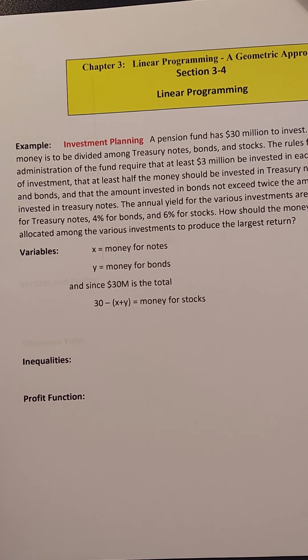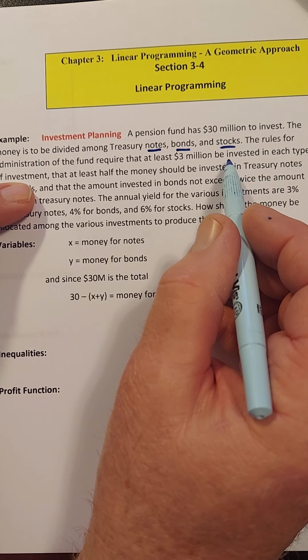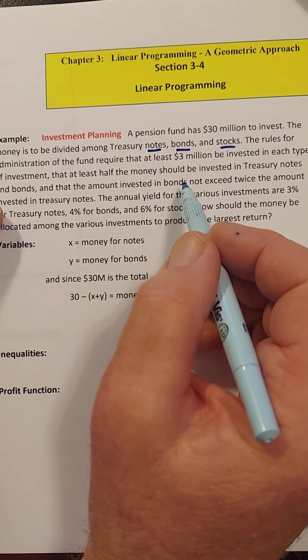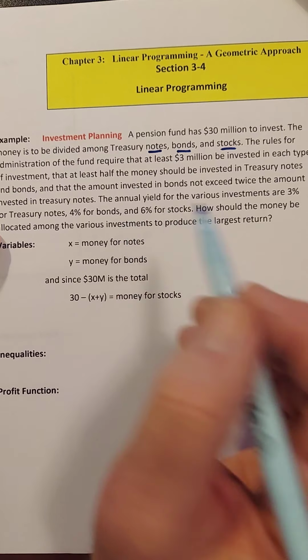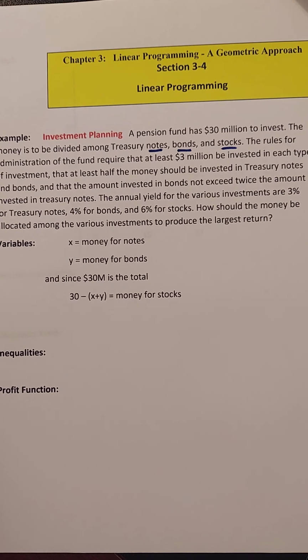The rules for the administration of the fund require that at least $3 million be invested in each type of investment. That is, at least half of the money should be invested in treasury notes and bonds, and that the amount invested in bonds not exceed twice the amount invested in treasury notes. The annual yield for the various investments are 3% for treasury, 4% for bonds, and 6% for stocks.